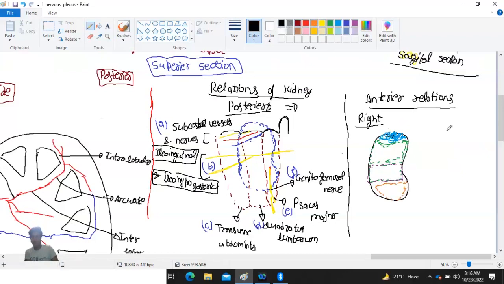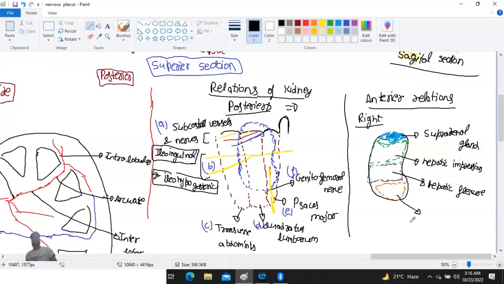So here, this is the suprarenal gland. This is the hepatic impression. This is the hepatic flexure. And this is the jejunum coils.